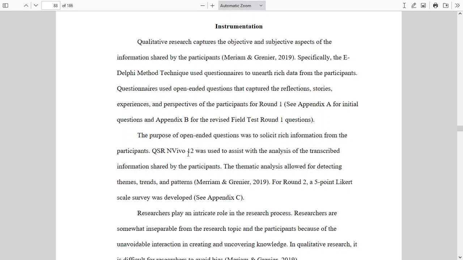Once I received the emails from the participants with their answers to the open-ended questions, this program analyzed it for me and grouped everything together so I could easily create themes.